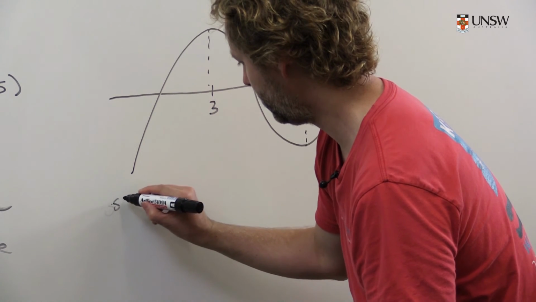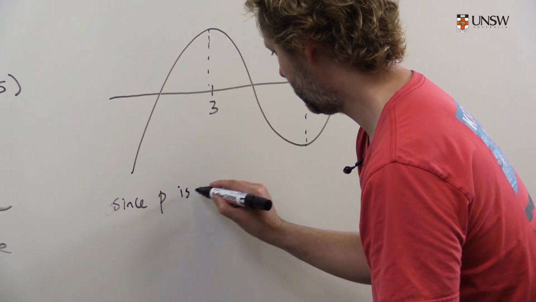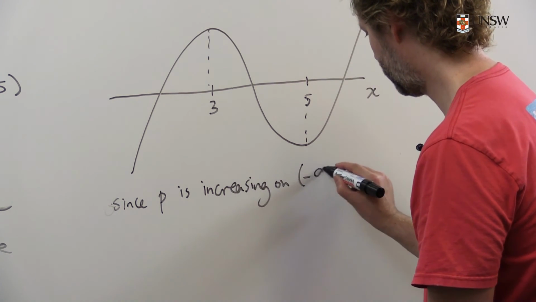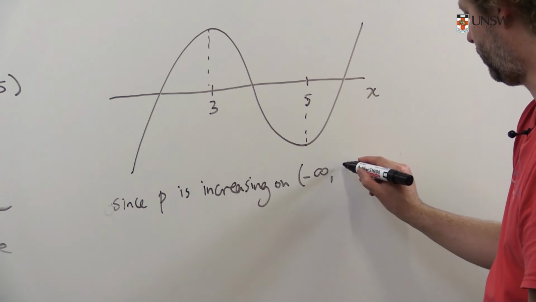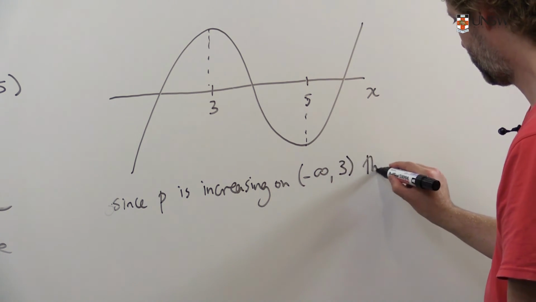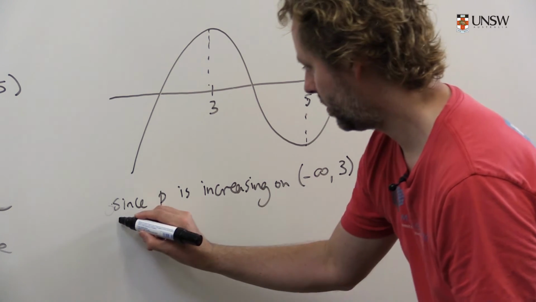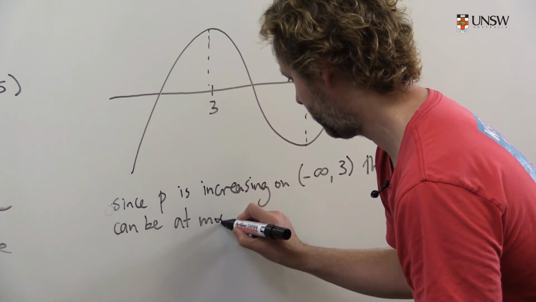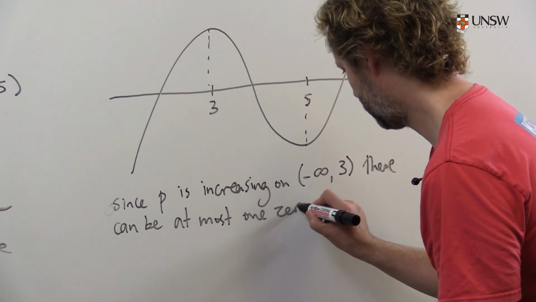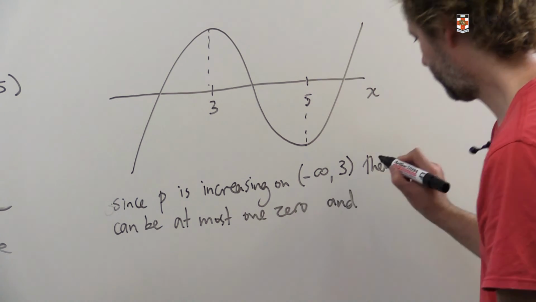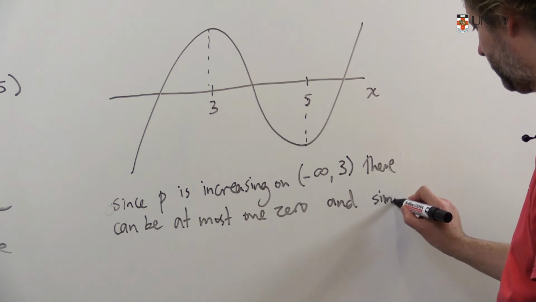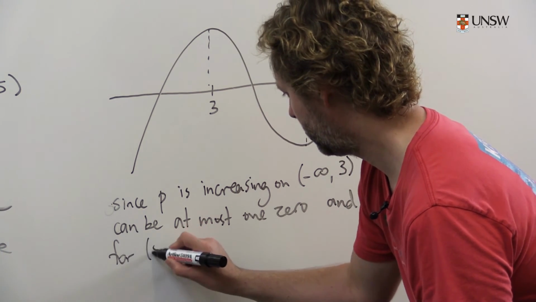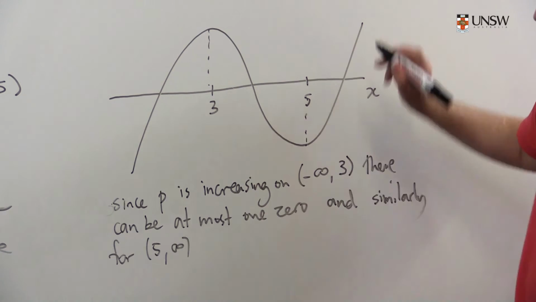So since p is increasing on this interval from -infinity to 3, there can be at most one 0, and I'll just say similarly for the other interval on the other side. There can be only one 0 on this interval on this side.